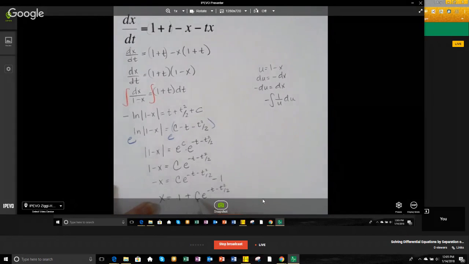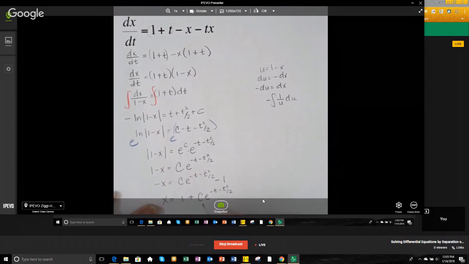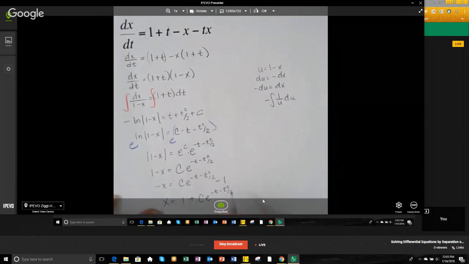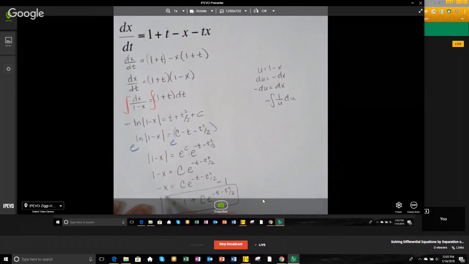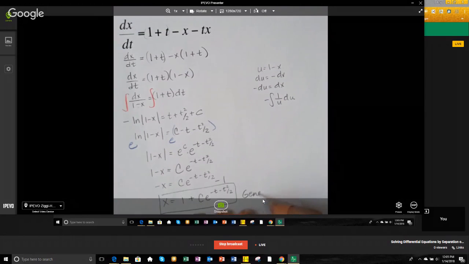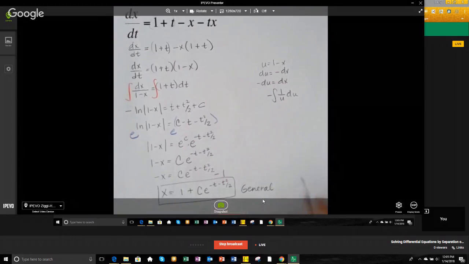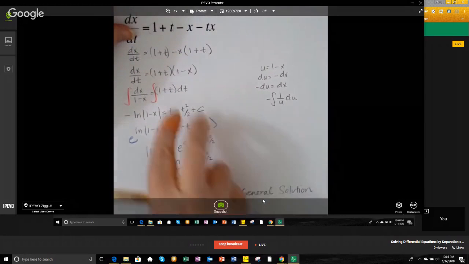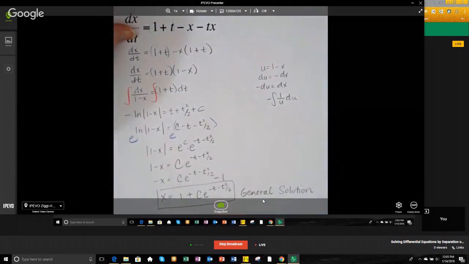Now, why did I keep this a plus? Because constants can be plus or minus, so I like to keep my constants positive. All right, and this here is the general solution. So sometimes you have to factor the right side in order to get a set of factors that you can separate and then integrate.